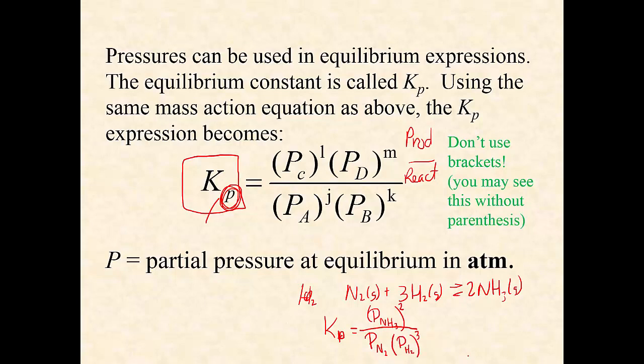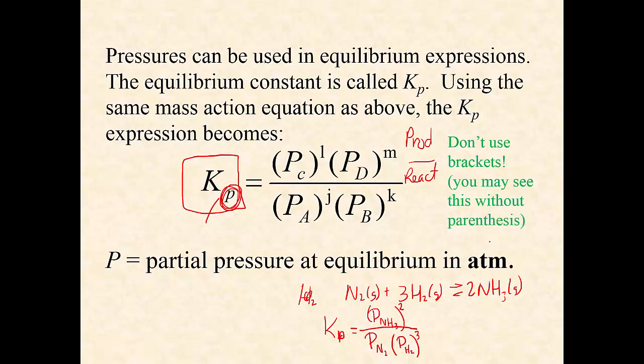That is your KP expression, using partial pressures instead of brackets for concentrations. That can be a point. And again, we only use gases. And in here, everything was a gas, so we didn't have to worry about it. And in the KP expression, it only would be gases because those are the only things that are contributing the pressure.